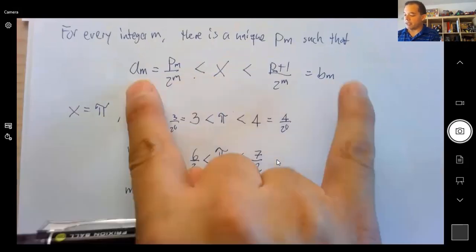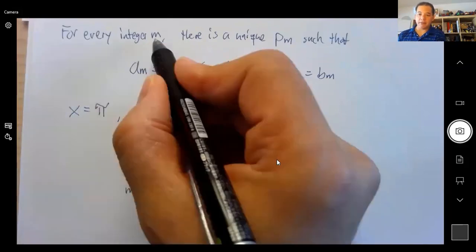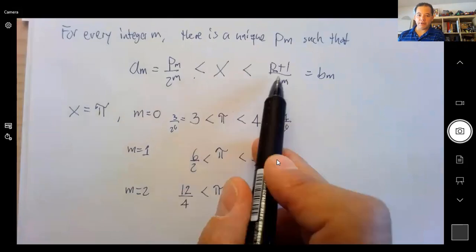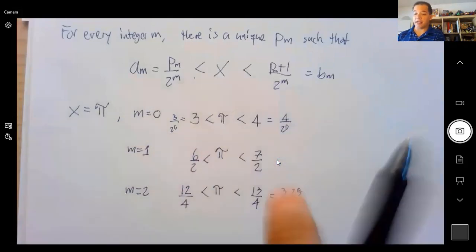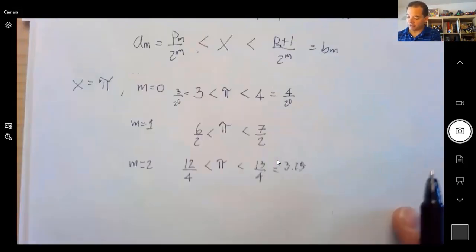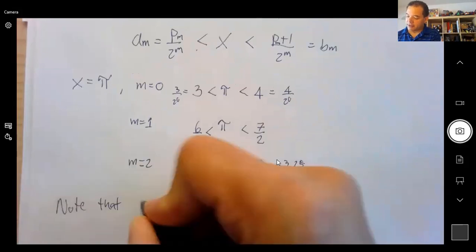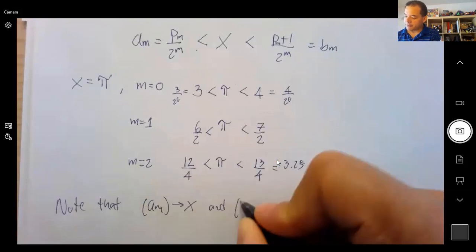Both AM and BM approach X. So if you take M bigger and bigger and bigger, then the difference between these two numbers becomes less than 1 over 2 to the M. So they're both getting closer and closer to X. So note that AM approaches X and BM approaches X.